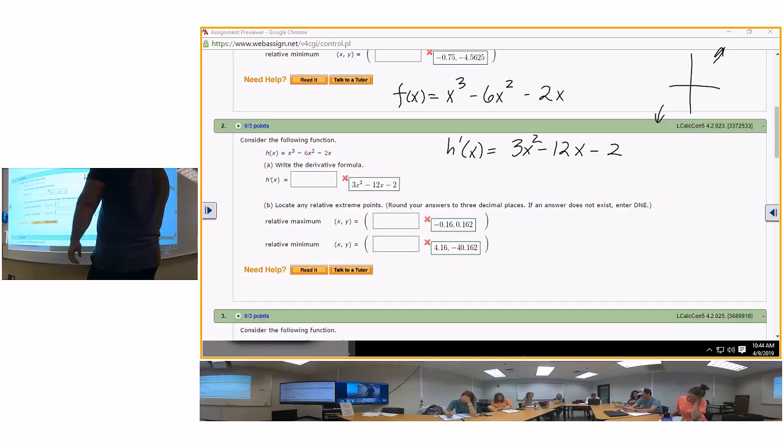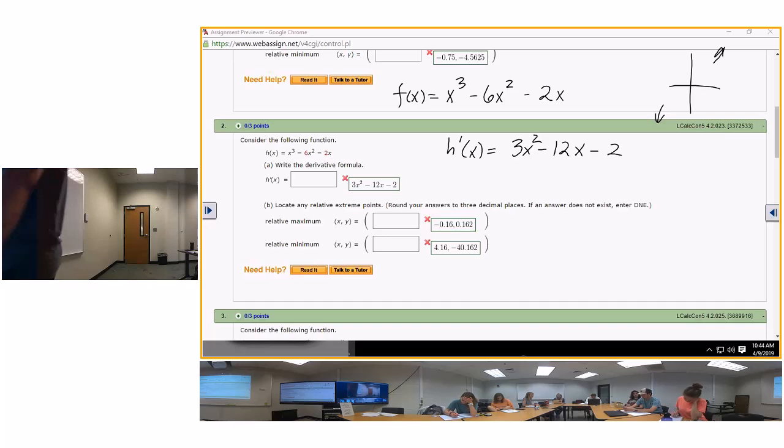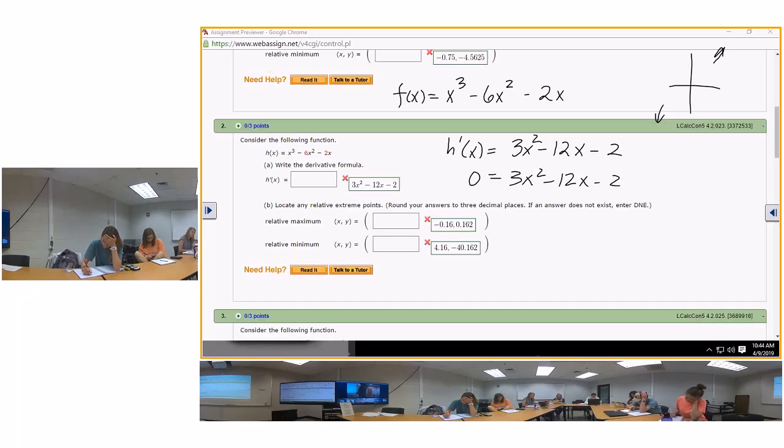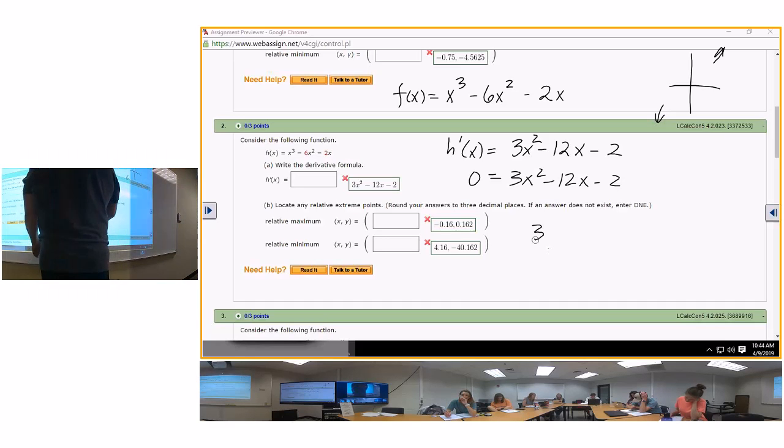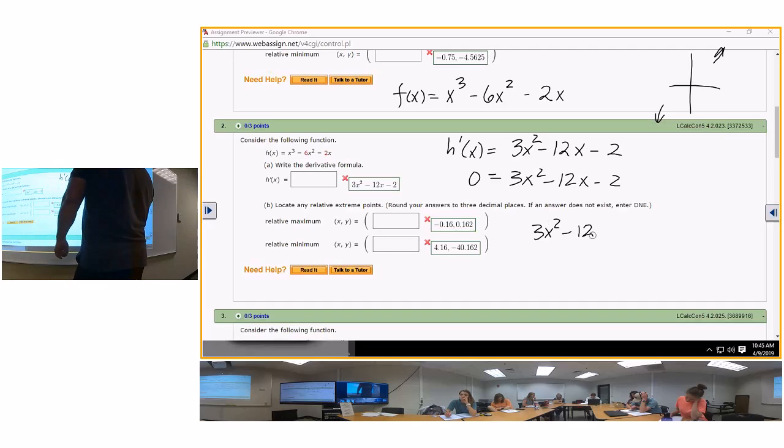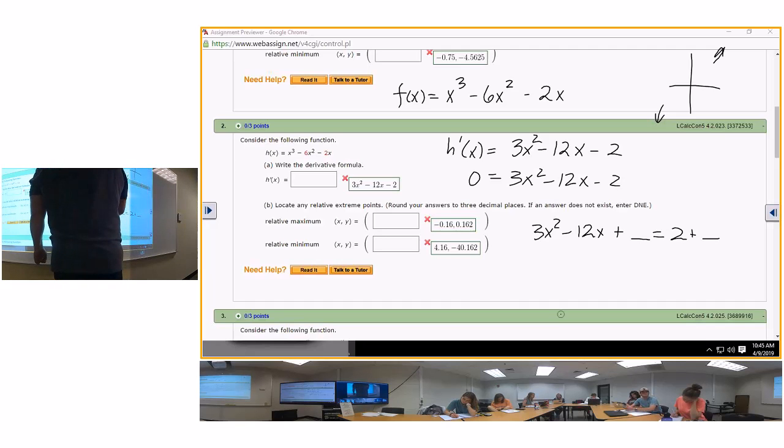Now set that equal to 0 and solve it. So I'm going down here and I'm going to do 3x squared minus 12x plus blank is equal to 2 plus blank. Factor out a 3.